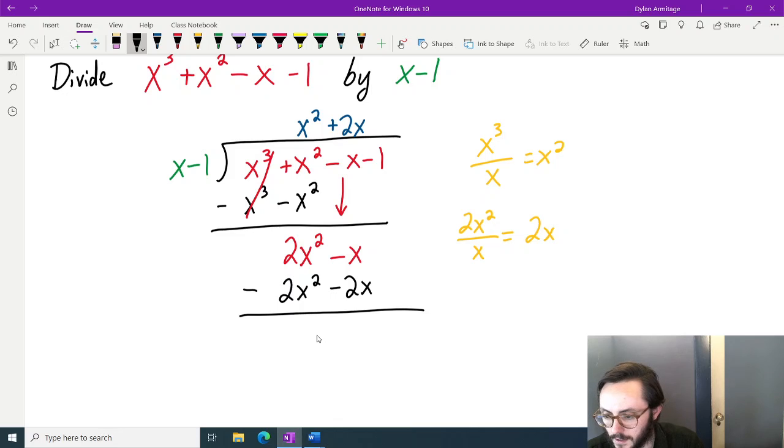And that goes away, as always. Negative x minus negative 2x. So negative x plus 2x would be 1x, positive 1x. Bring down our last term, negative 1.